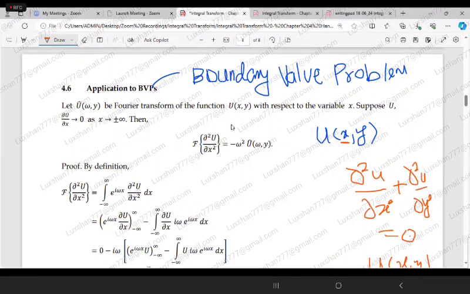Now, we are going to define a few things. Because we are going to take the Fourier transform with respect to the variable x, we are saying the Fourier transform of the function u(x, y), written in capital, these are just notations, you don't need to worry about that.